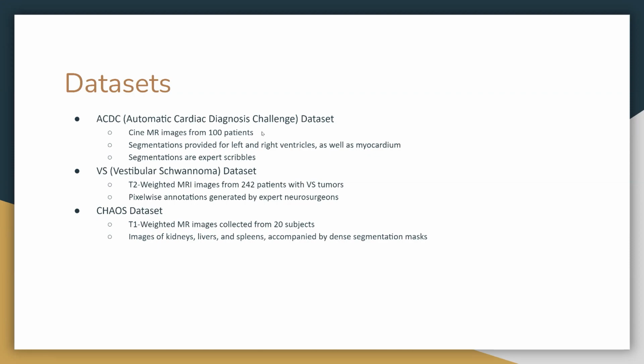So for the sake of the paper, this ACDC data set was fine because it has Scribble annotations that they could use, as well as being accompanied by ground truth for comparison. But for this VS dataset and the CHAOS dataset, there were no scribbles. It was densely annotated.